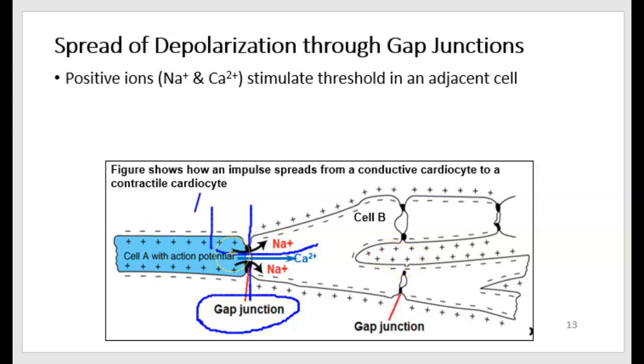You don't have to wait for a neuron to release a neurotransmitter and then diffuse across the cleft and initiate the next cell contraction, right? So these gap junctions enable the spread of excitation very quickly.